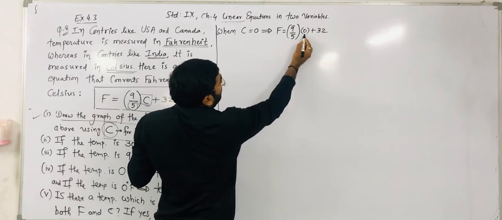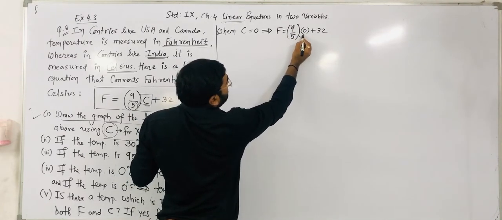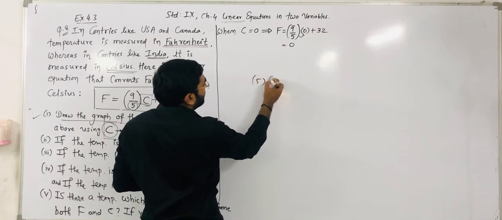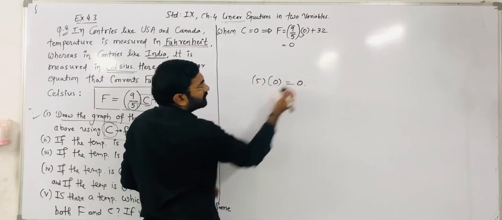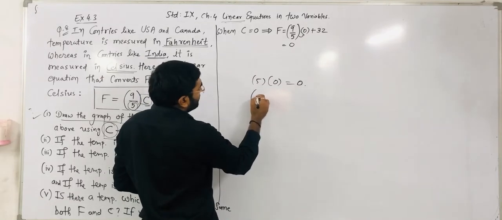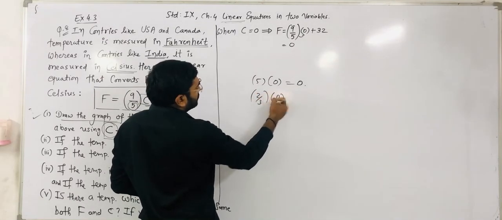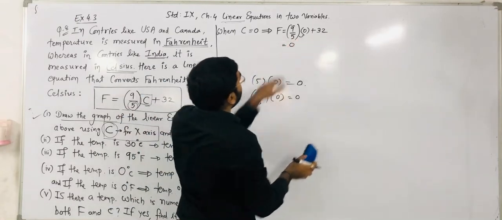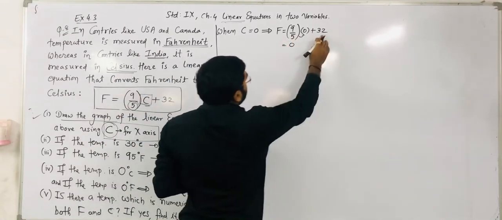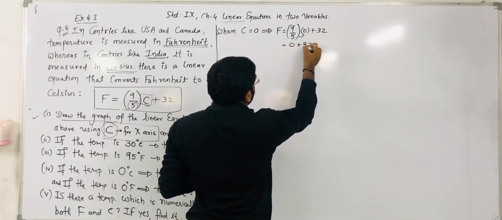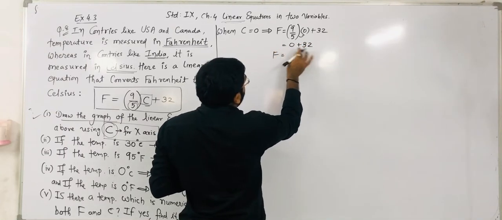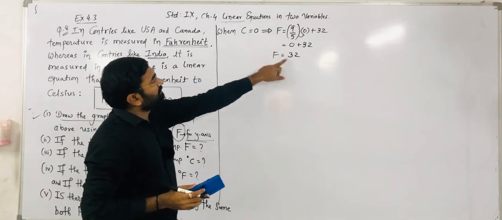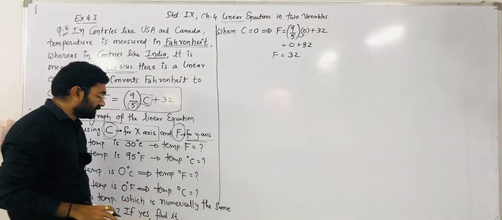Any number multiplied with 0 gives only 0. Suppose I say 5 multiplied with 0, what is the answer? 0 only. If I say 2 by 3 multiplied with 0, we get 0 only. Then plus 32, so the F value is 0 plus 32, which is 32. So when we take C equal to 0, we get the F value as 32.